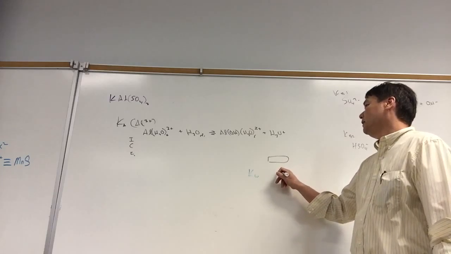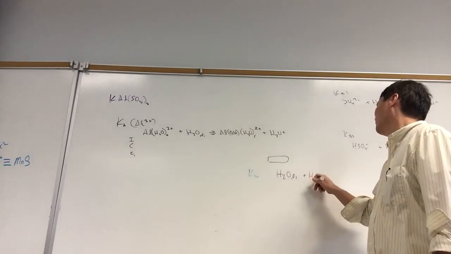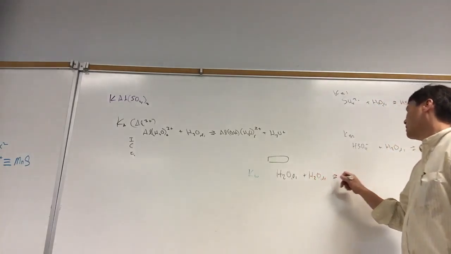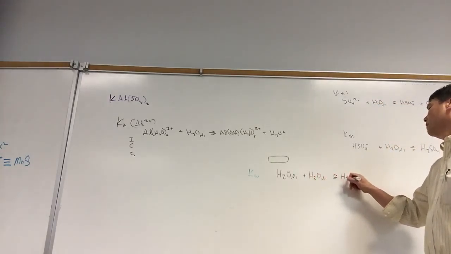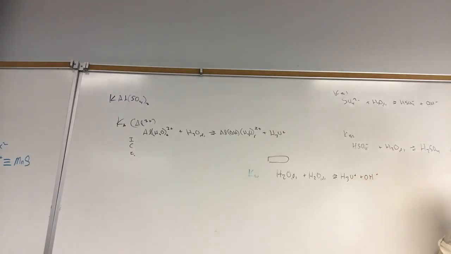It's going to be H2O liquid plus H2O liquid. This gives us hydronium and hydroxide. All right, and so what we could do is if you decided, actually you wouldn't have even been able to do step 2 here because we don't have the K value. You know, it's very small.